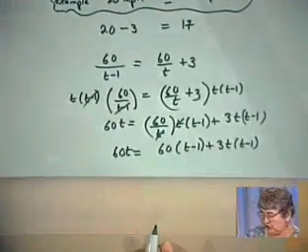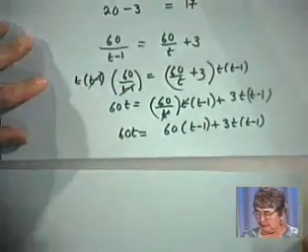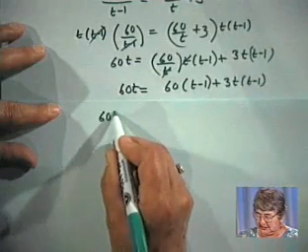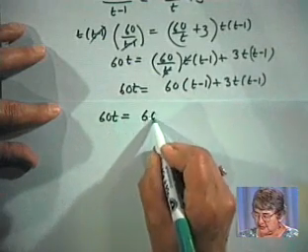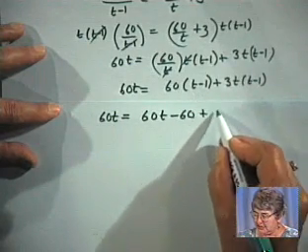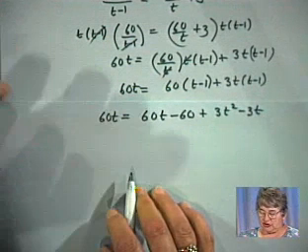So now we have an equation that we can solve. It no longer has denominators, and so it will be a pretty straightforward problem. On the left, we have 60t, which equals 60 for this first term, plus 3t squared minus 3t for the second term.